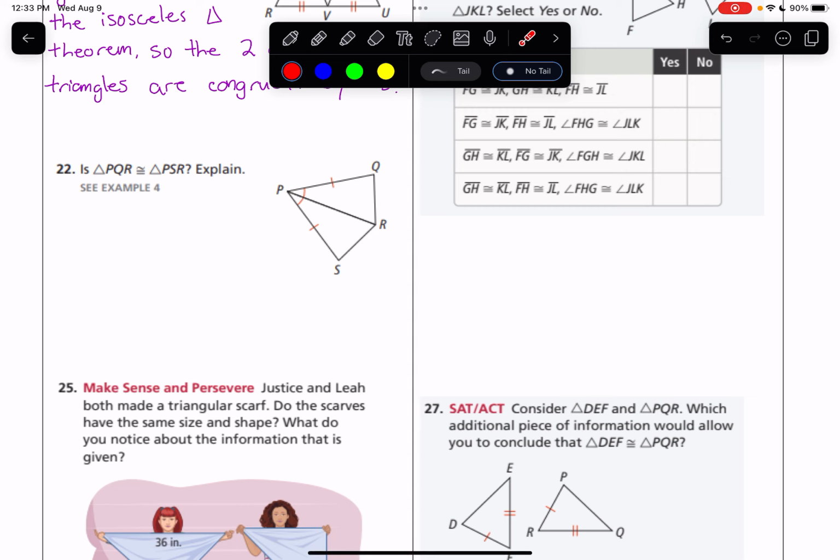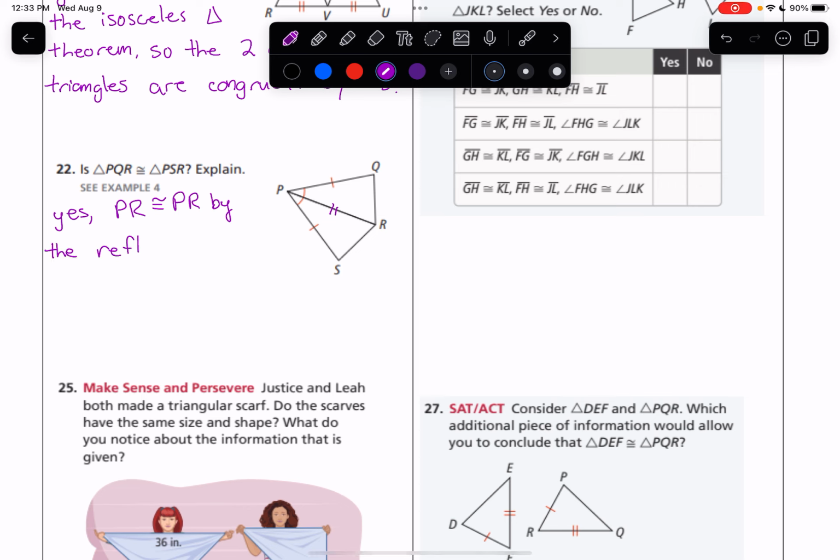So we need to notice that we have a side and an angle, a side and an angle. And if we remember, this middle side, since it's part of both triangles, can be considered to be congruent to itself. And since that side is congruent to itself, we've got side, angle, side congruence there. So we can say yes, because PR is congruent to PR by the reflexive property.